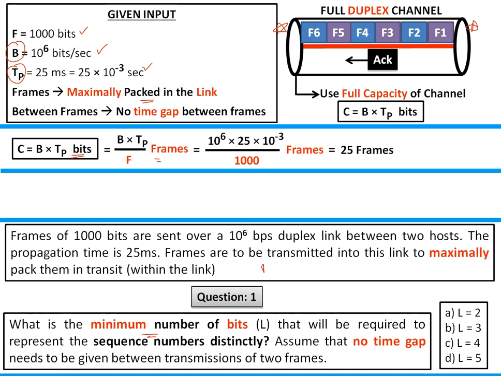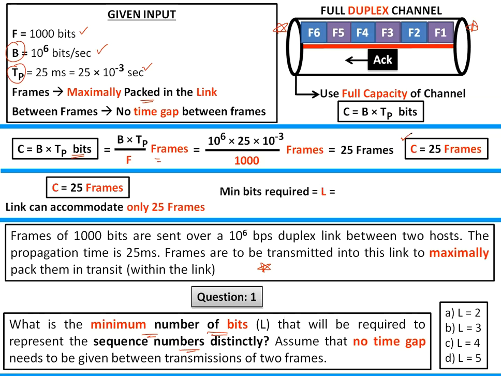If I fill the link like this, what is the minimum number of bits required to represent the sequence number? For example, if my buffer capacity is equal to the channel capacity, what is the minimum number of bits required? They are asking. C is equal to 25 frames. So the minimum number of bits required will be 5 bits, guys. That is the first question. Answer will be 5, guys.